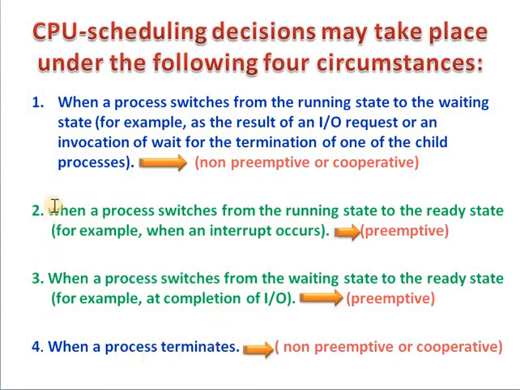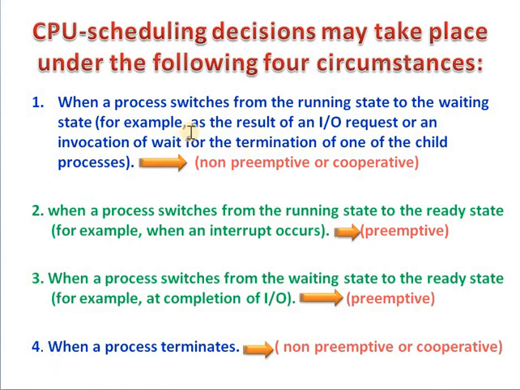But in conditions 2 and 3 there is a choice, so preemptive scheduling is required. When scheduling takes place only under conditions 1 and 4, we say the scheduling scheme is non-preemptive.